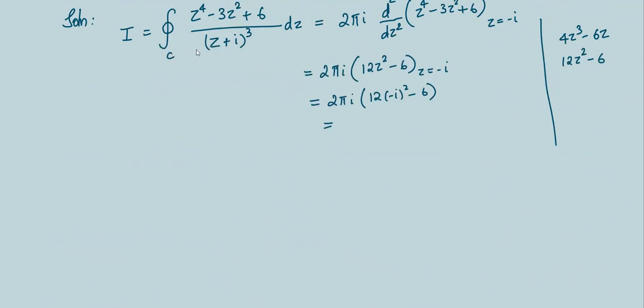So this is 2 pi I by 2 factorial that you will get here, and 2 factorial is 2. You will get minus 18 pi I as the answer. Minus 18 pi I. So this is how we do derivatives.